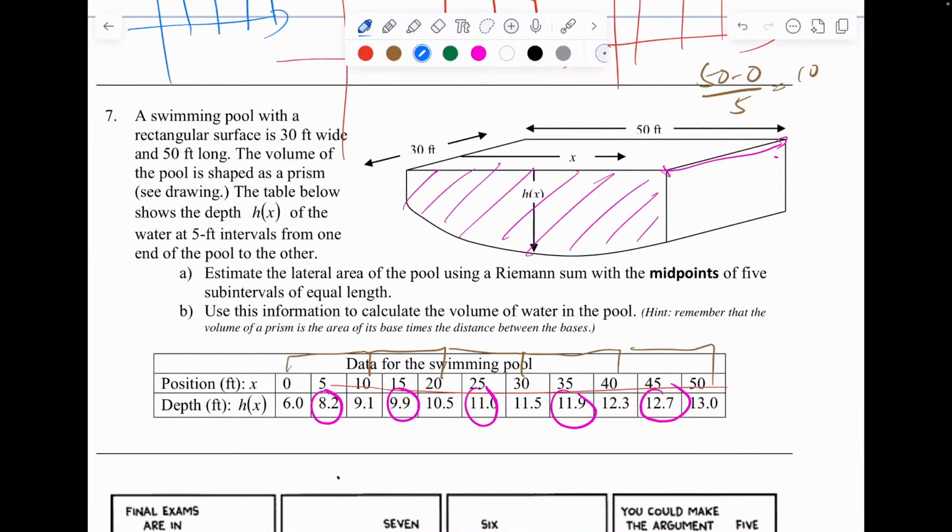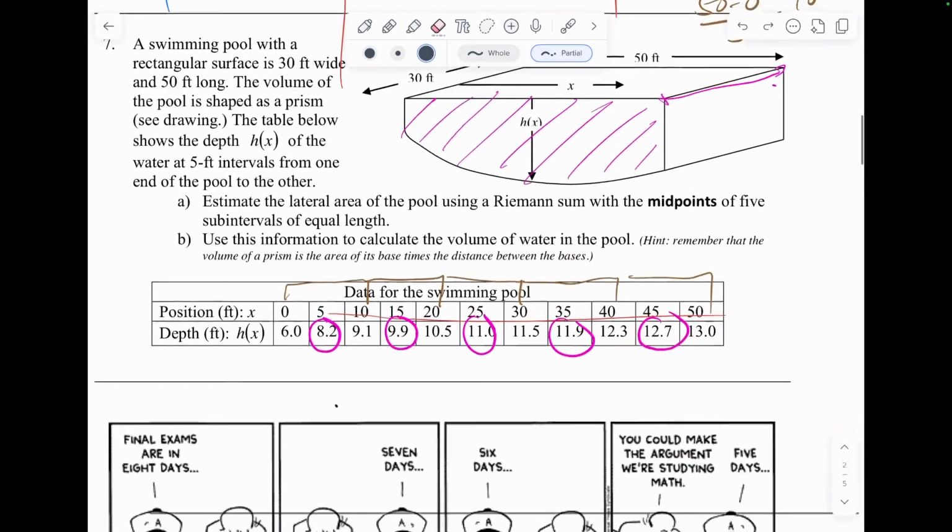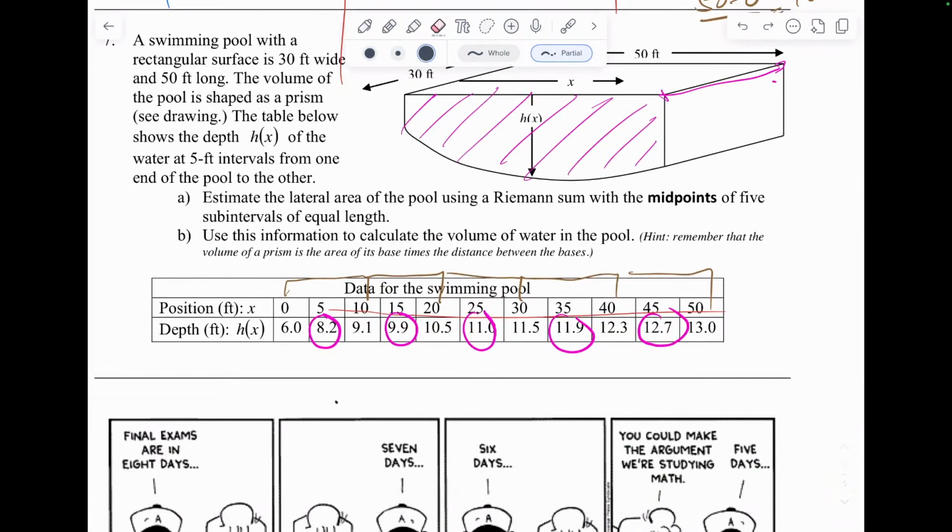Question 7. A swimming pool is 30 feet wide and 50 feet long. So it has different depths throughout the whole way, and they can find out the depth. They say to use the midpoint rule. So you're going to use 8.2 times the height. What's the height? 10.